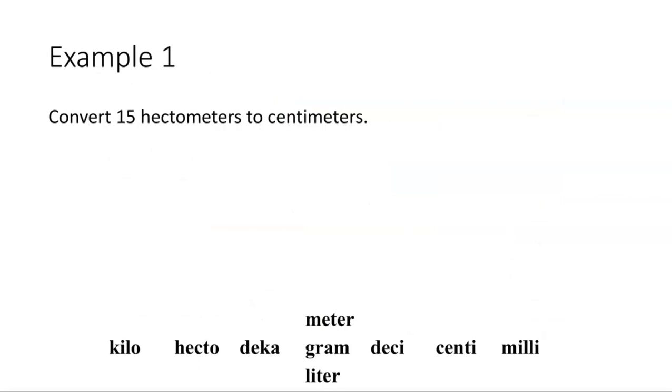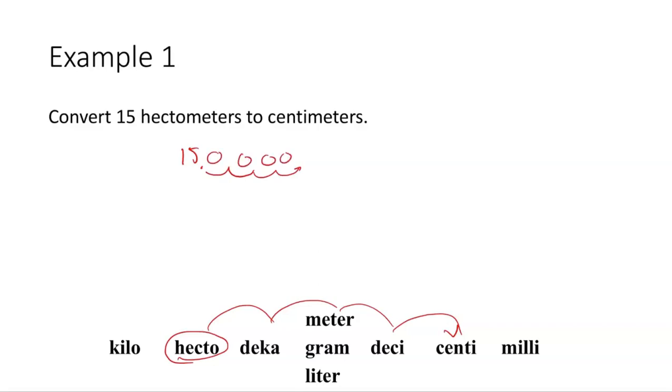All right, suppose we want to go from 15 hectometers to centimeters. So hecto is over here, and I would need to go 1, 2, 3, 4 places to the right. So I'll start with 15, and then move my decimal 1, 2, 3, 4 places to the right. So that's going to be 150,000 centimeters.